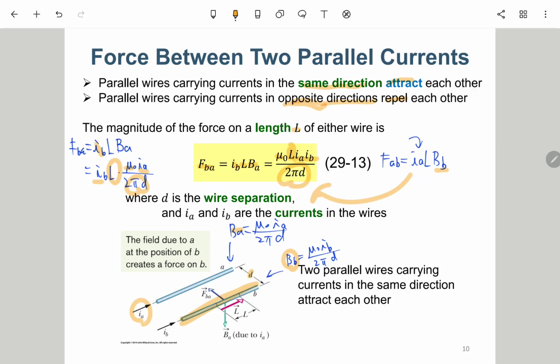This is the magnitude of the force acting between two parallel currents.